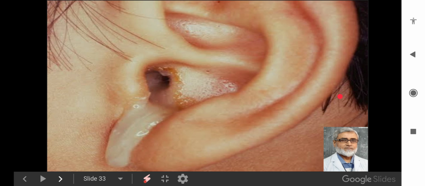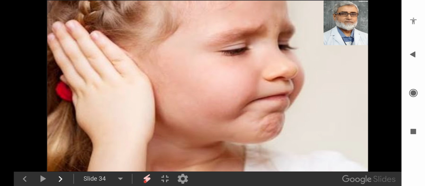Infection of the hair follicles leading to a furuncle may infect the tympanic membrane, and perforation of the tympanic membrane leads to CSOM. Chronic suppurative otitis media may lead to mastoiditis and so many consequences. There are sinuses inside the dura, and meningitis may occur. So you can see the next slide.